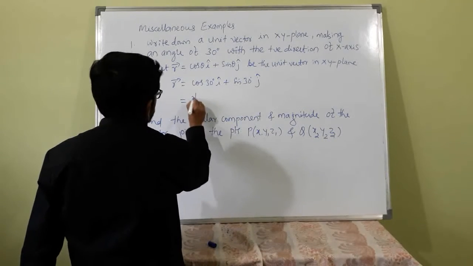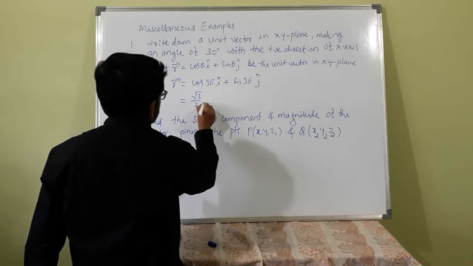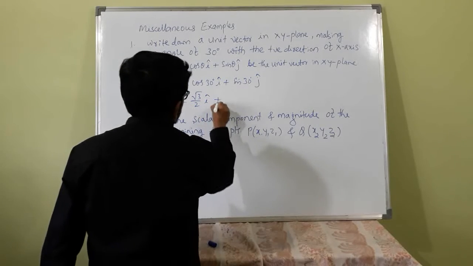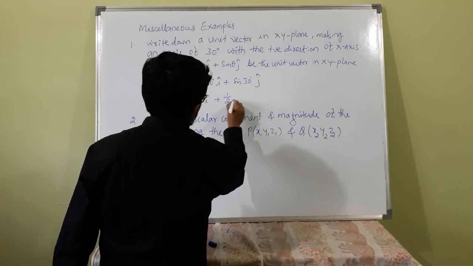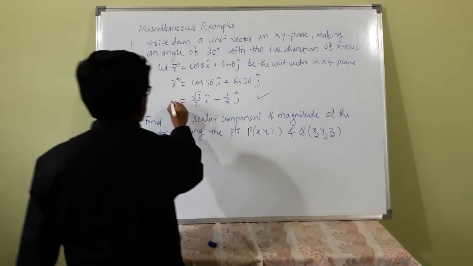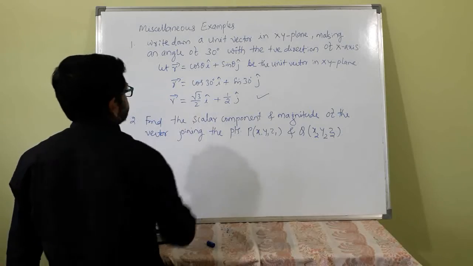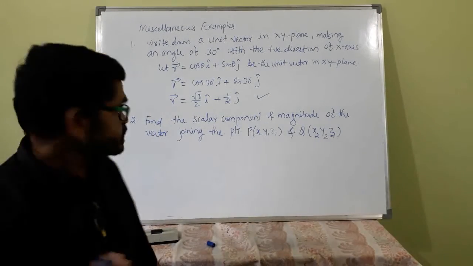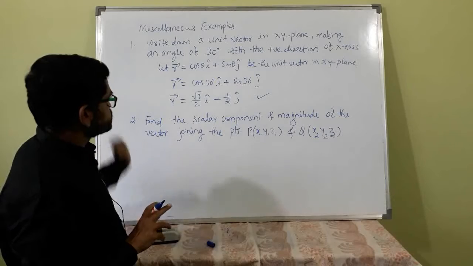Cos 30 is root 3 by 2, plus this is half. This is the required unit vector. If it is for 1 mark, it is enough if you write this.